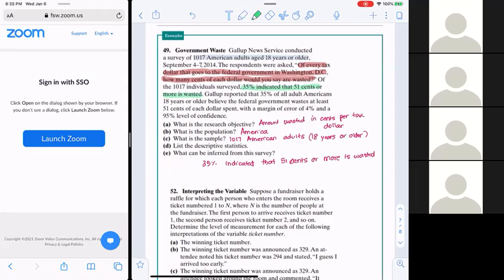So the first statistic is the percent of people. So what percent of people believe that 51 cents or more is wasted? So the first descriptive statistic is the 35% that we have. The second is the amount that's wasted. The amount that is wasted is 51 cents or more. So that would be the second descriptive statistic.